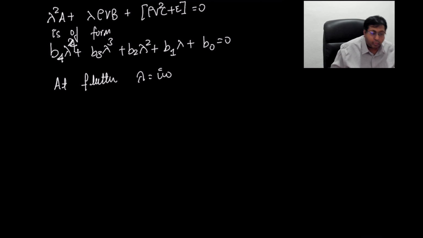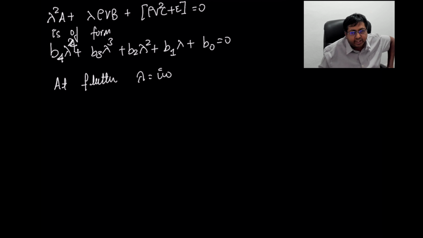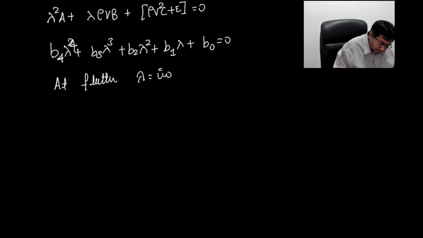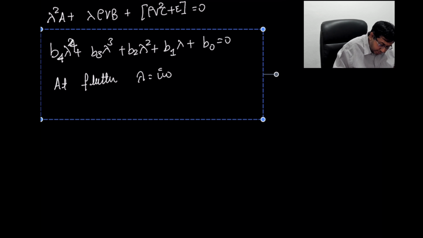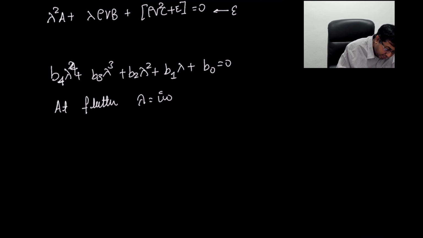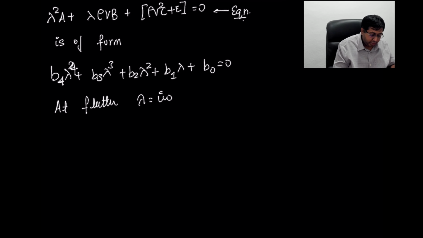Right. So what have we done here? Let's take a step back. We had this equation, we have derived this equation. This is a very general equation. We can say this is of the form as shown here.